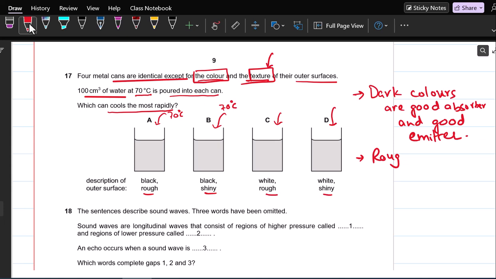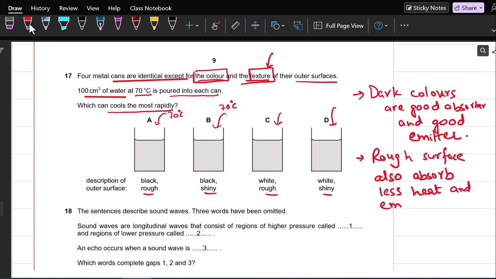Same is that rough surface, because texture can be rough or shiny. So rough surface also absorbs less heat and emits less heat. Less heat is absorbed and less emission is going to occur.